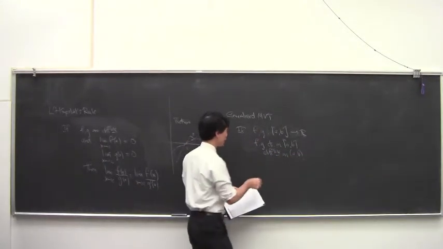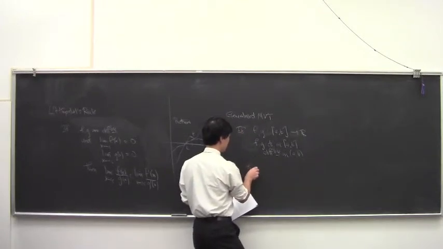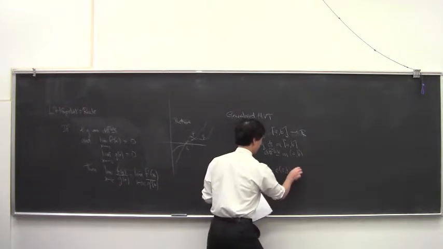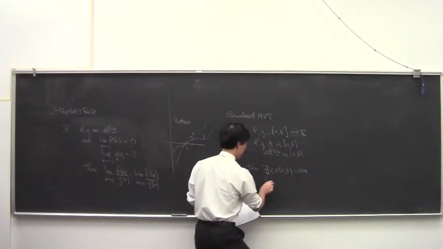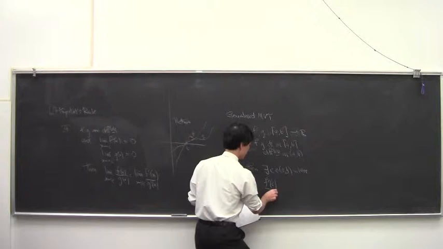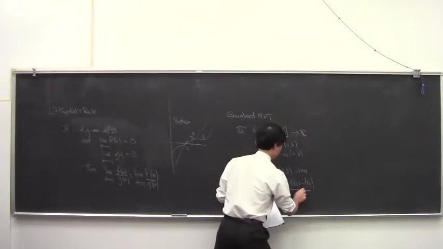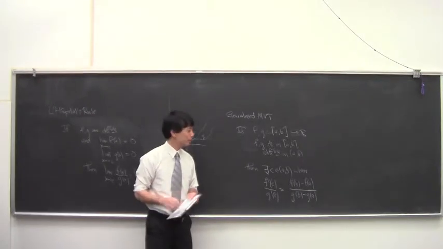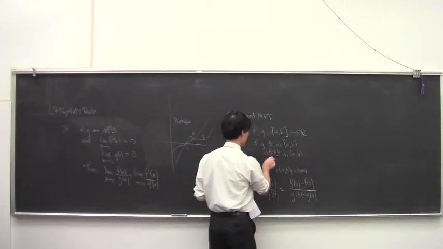And you need one more thing that I'll put on later, but then there exists a c in (a, b) where f prime of c over g prime of c equals (f of b minus f of a) over (g of b minus g of a). The condition I should put on is that g prime is not 0.